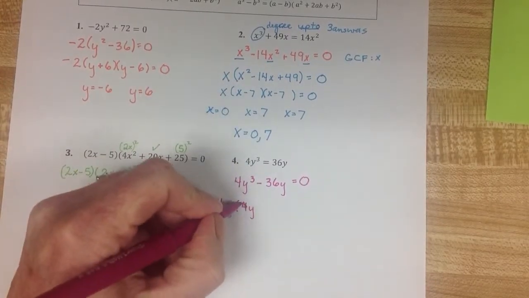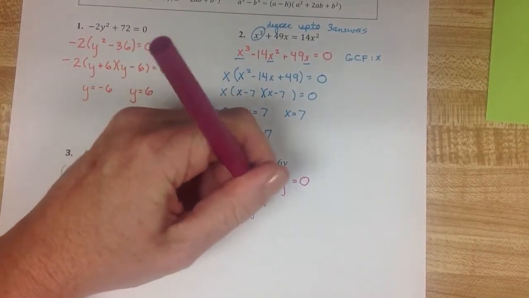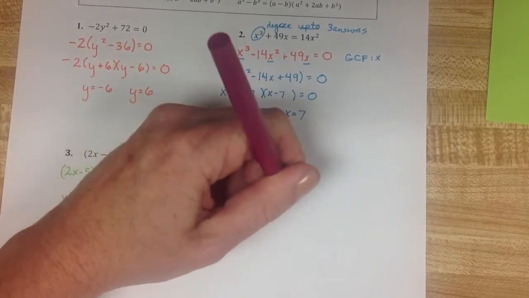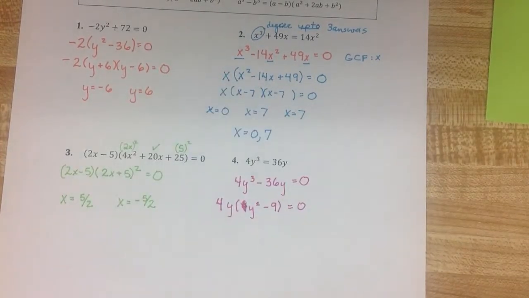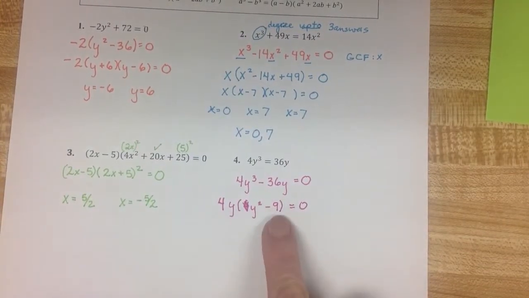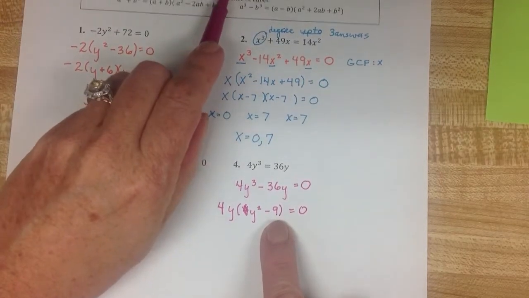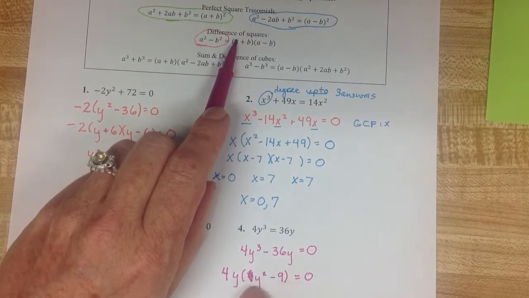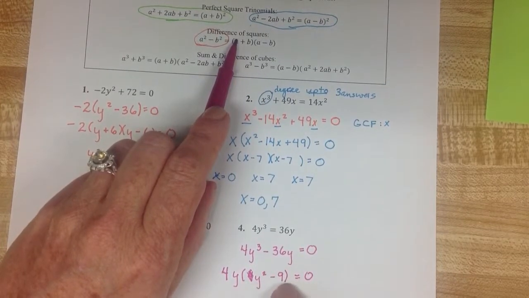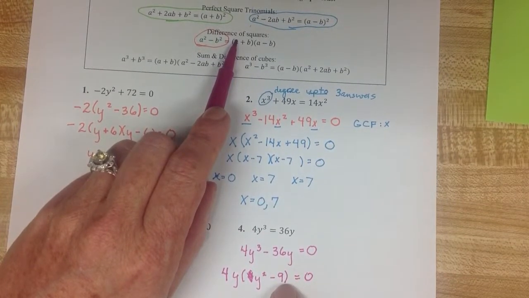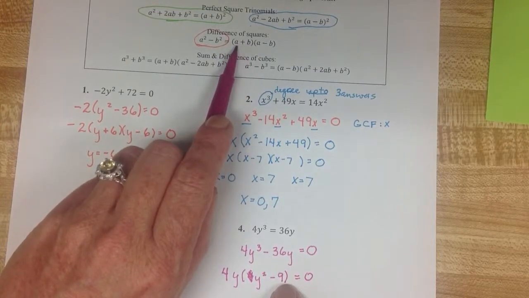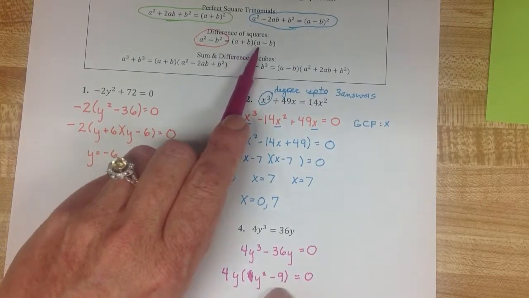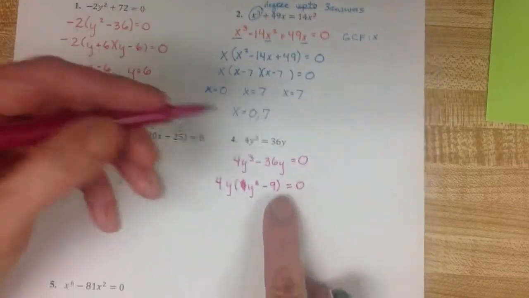So that's going to leave me with just a y squared minus 9 is equal to 0. Once again, 9 is a perfect square, so I have the difference of two squares, y squared minus 9, which is 3 squared. So that's going to factor into y plus 3 and y minus 3.